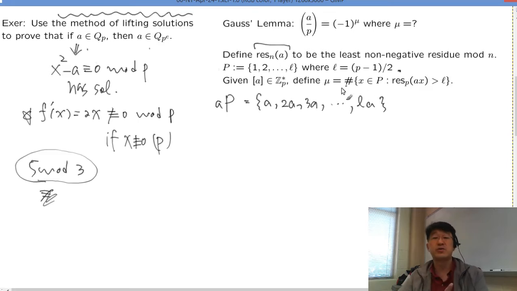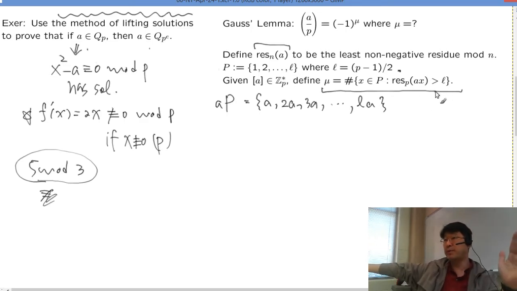So let's just go straight to what this mu is. What is the description of mu? In that P, 1 through half, the residue classes, if you multiply that by A, which is any of these, its remainder is greater than L, right? So we looked at 1 through p minus 1, we split it in half, right?